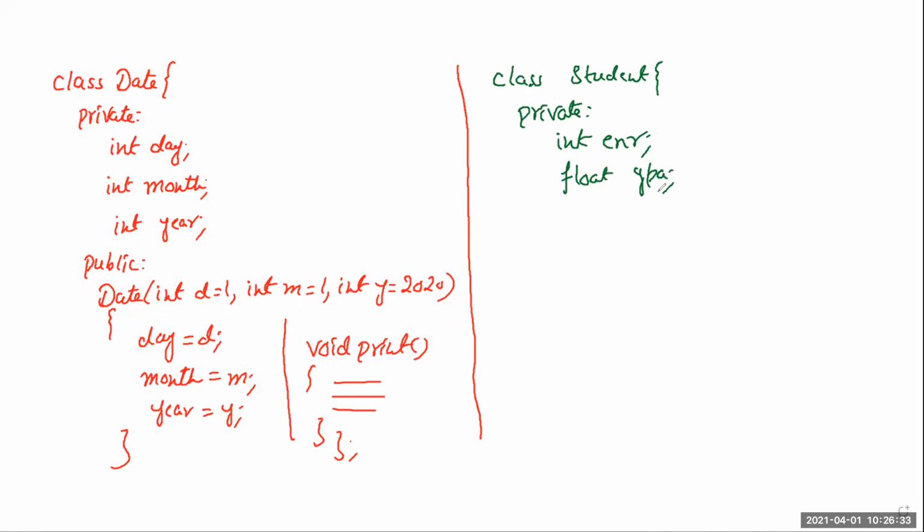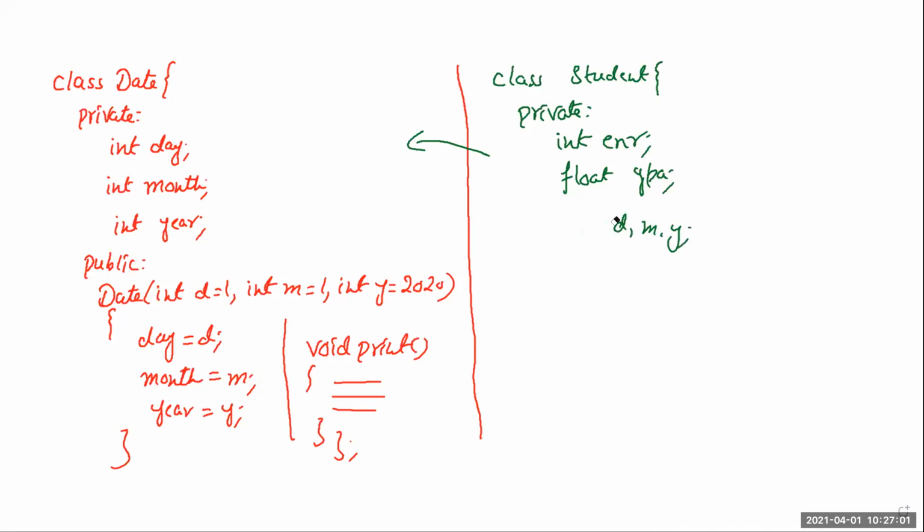Now, when you think, for date of birth, what should I do? You have two options. You say, I need to store the date of birth of the student, so I can take three integers in the student class. I can call them day, month, and year, right? But you say, why not somehow reuse this functionality which is already there? Instead of having three integers here, why not do something better?